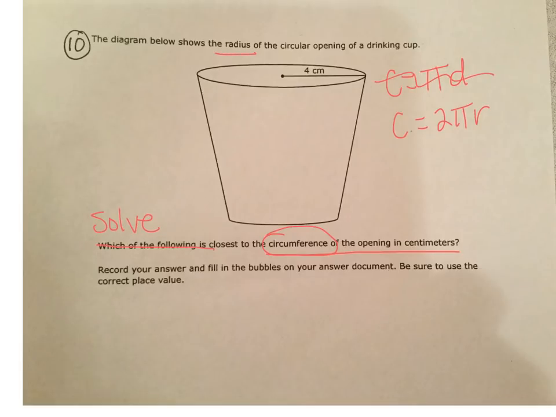We will use the 2 pi r. Okay, and now, since we know, we're just going to substitute the dimension here into the radius. So, very simple, we're going to put 2 times pi, which is probably 3.14 in this case, times r, which is 4. All you do is substitute.